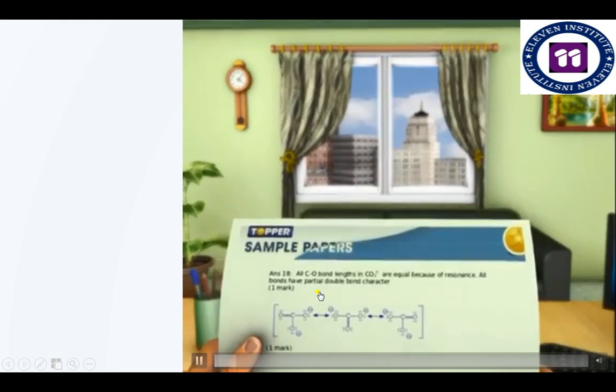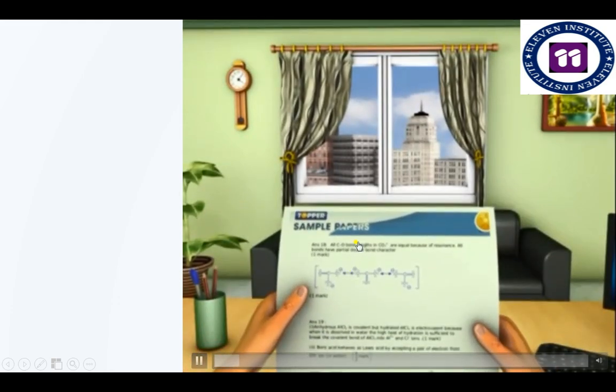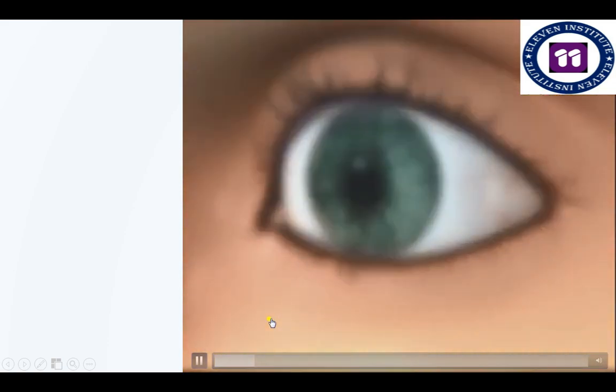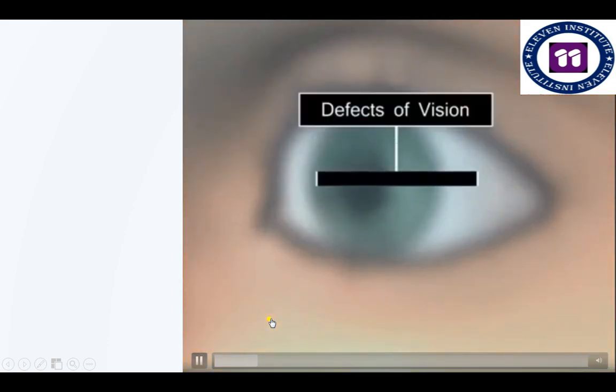See, you can see nearby objects clearly, but when you move it far away, you cannot see this clearly. So this condition is known as nearsightedness, where you can see the nearby objects clearly, but you cannot see the far objects clearly.